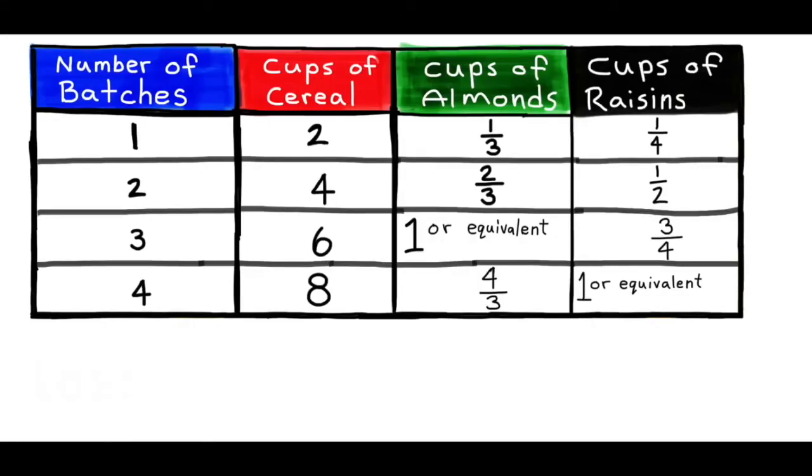The cups of cereal column will increase by 2. That would be 2, 4, 6, 8. The cups of almonds will increase by 1/3, 1/3, 2/3, 3/3, 4/3. The cups of raisins will increase by 1/4, 1/4, 2/4, 3/4, 4/4.